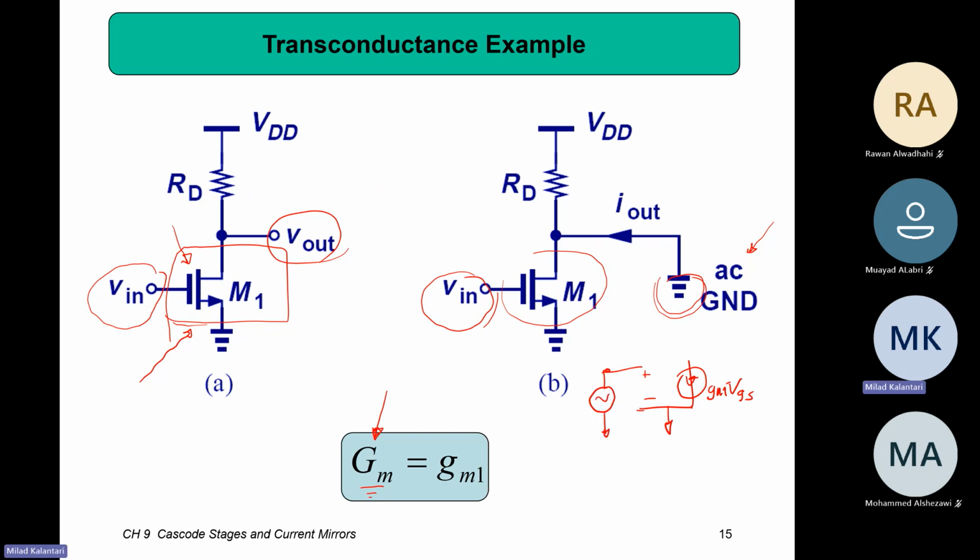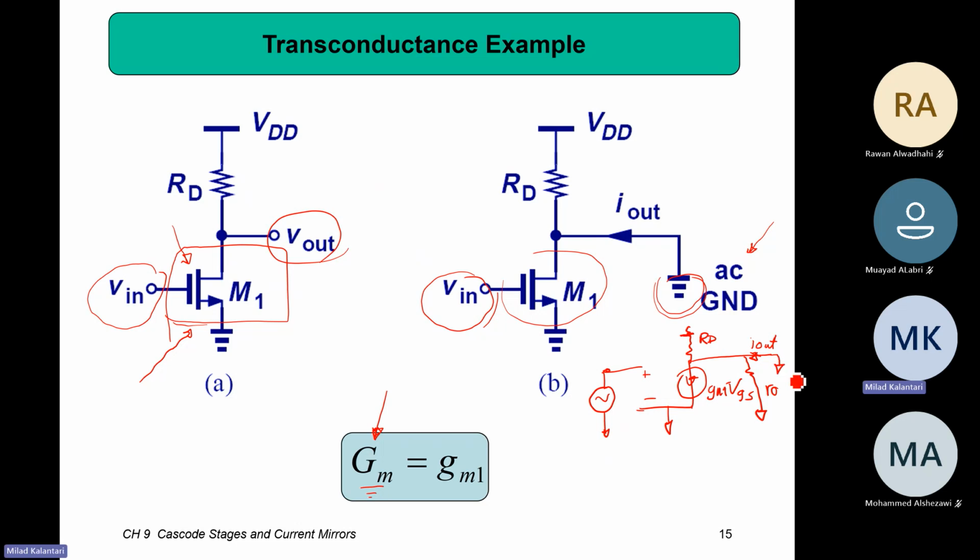We apply a Vin, and then we short circuit the output and try to find this I out. It might have some output impedance by itself. It also has some drain resistance, right?